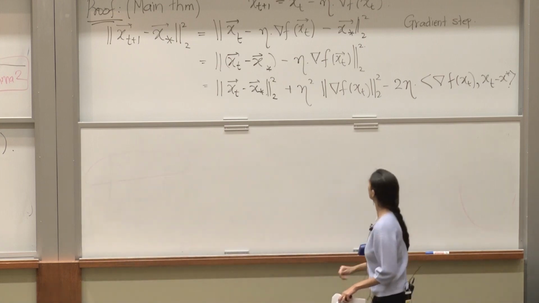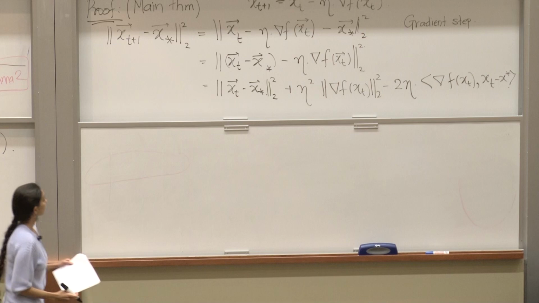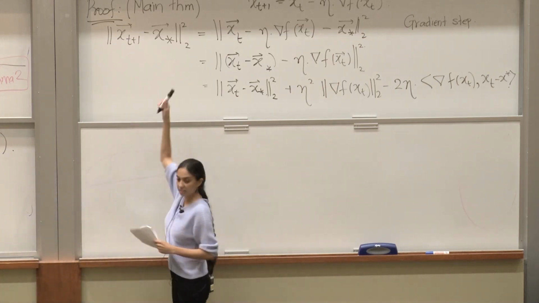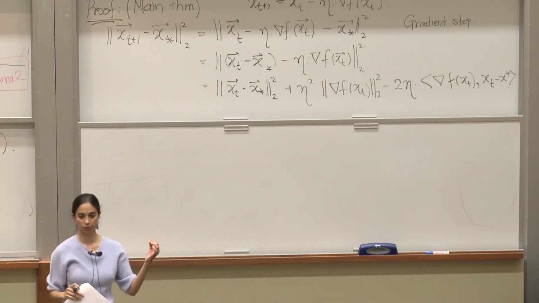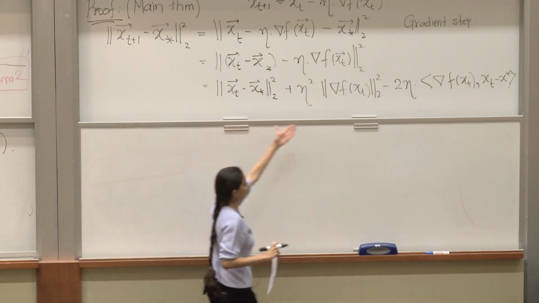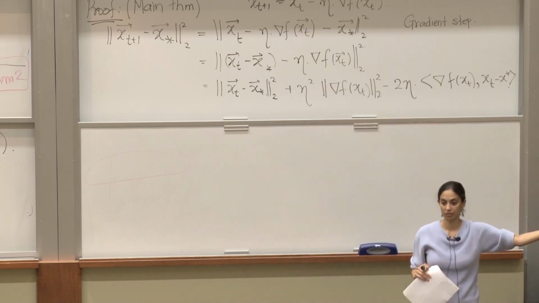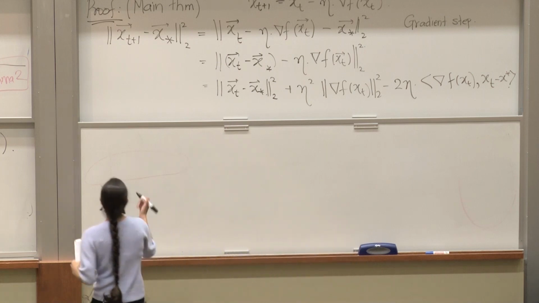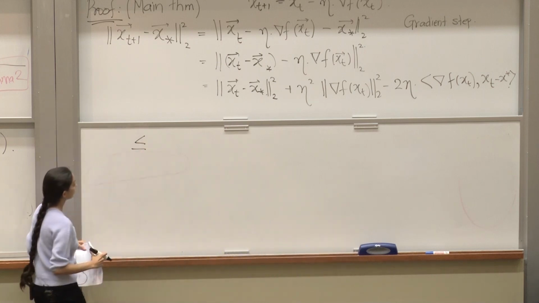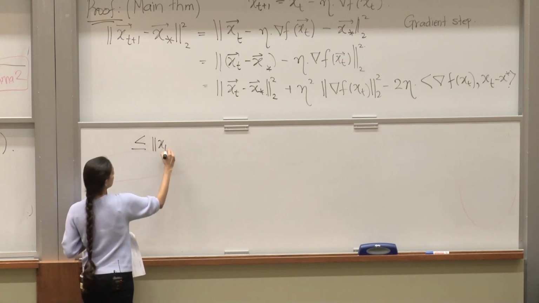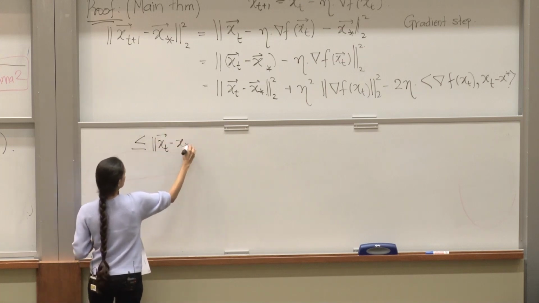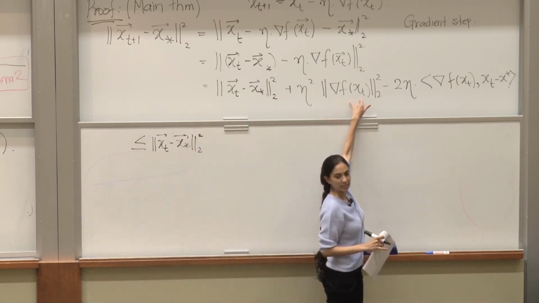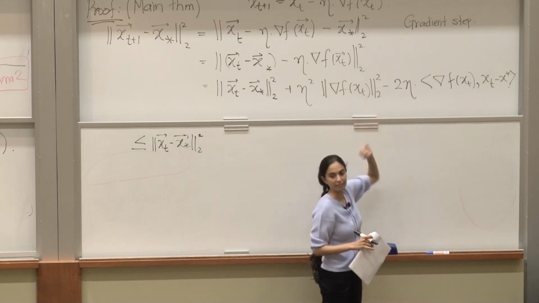Okay, so we want to prove that this thing is getting smaller. It's getting closer and closer. So we want to say that this thing is less than or equal to something. We keep the first term as is. For this thing, do we have a lemma that tells us something about how the gradient behaves?